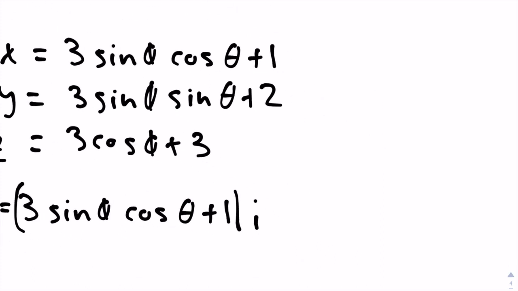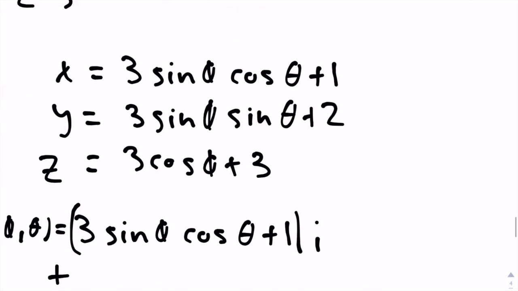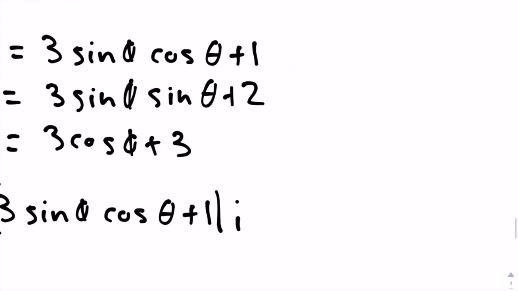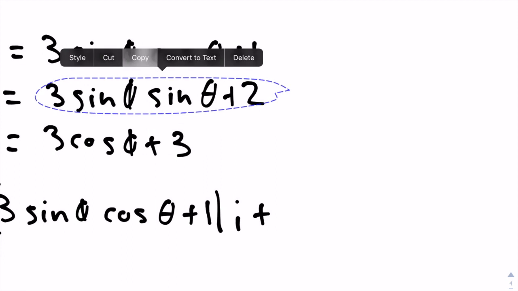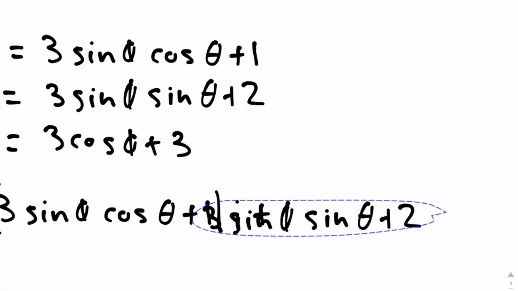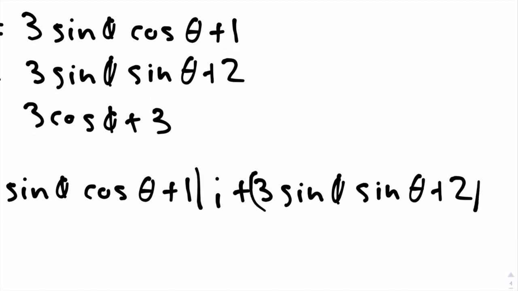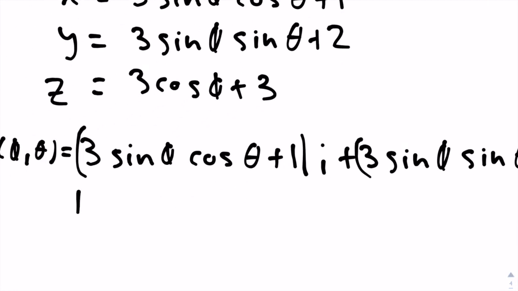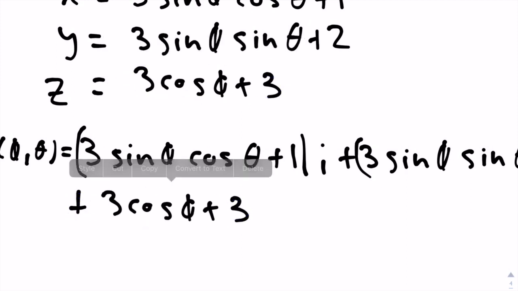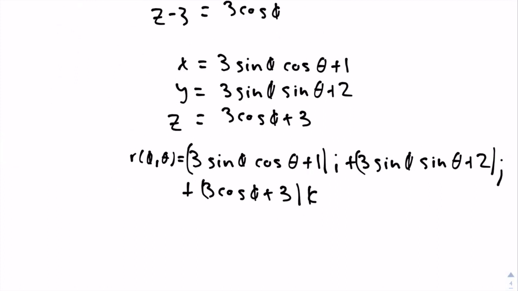For the x component, plus, sorry, let's write that on the same line, plus, let's write some parentheses again. And right here, we're going to have to go onto the same line, still the same equation right there. And that is going to be our vector valued function for our parametrization of our sphere.